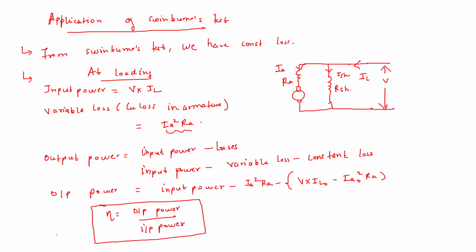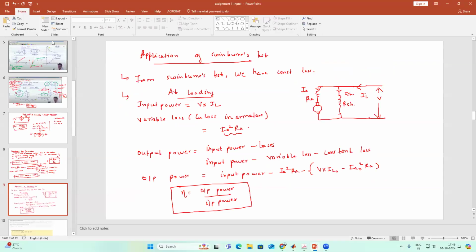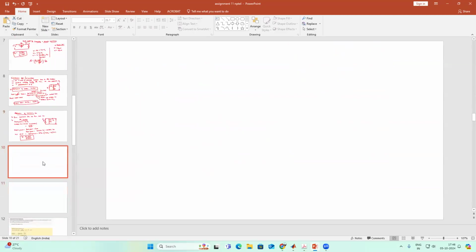So now we will see what is the Hopkinson's test. This is also called the back-to-back test. Here we connect two identical machines. This is used for shunt machines and compound machines.